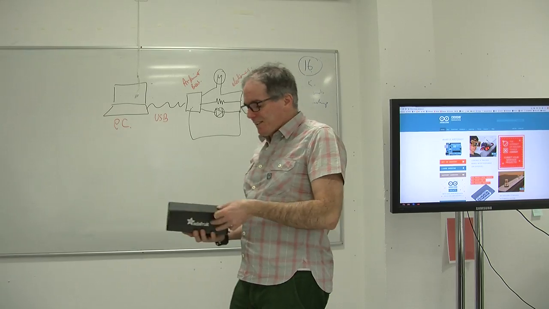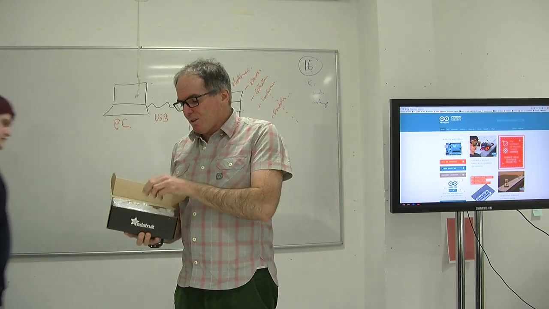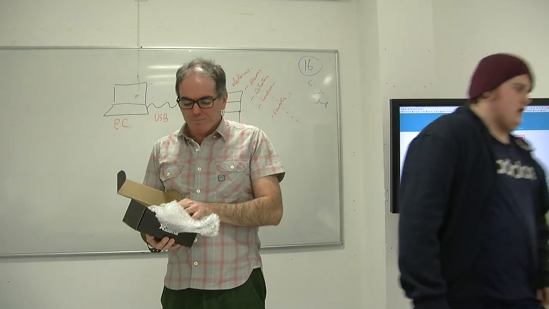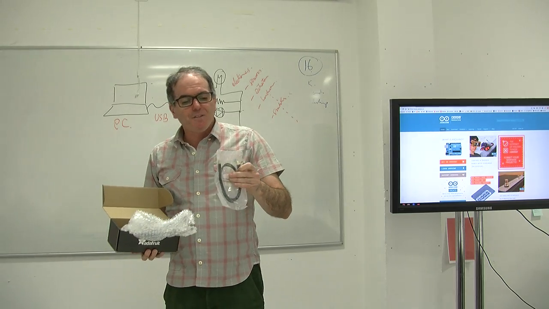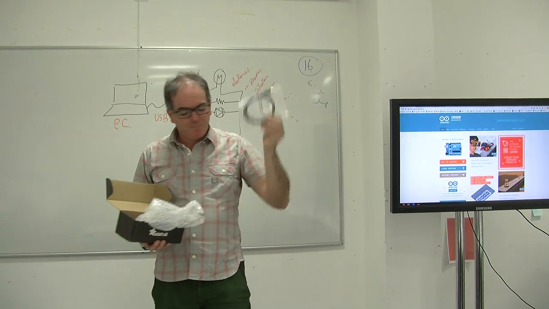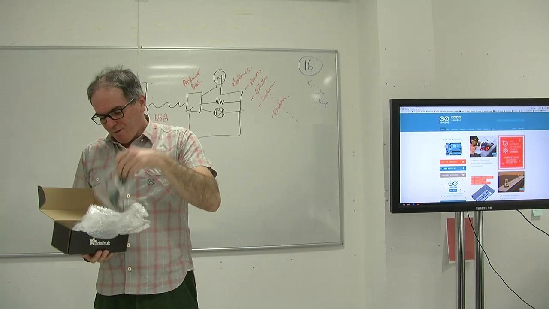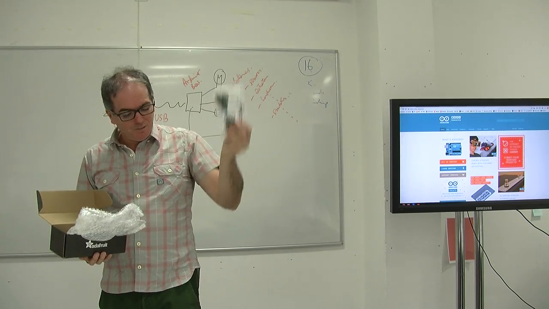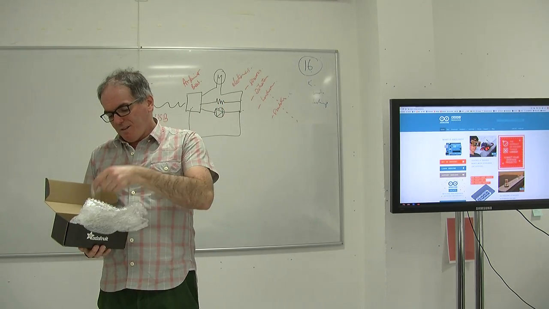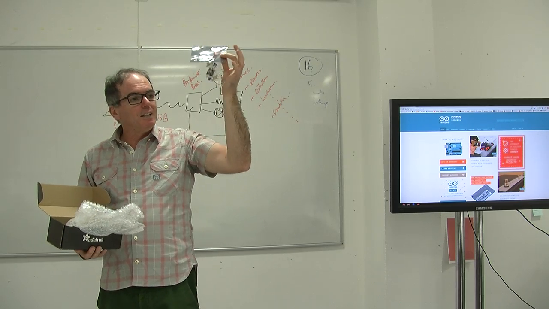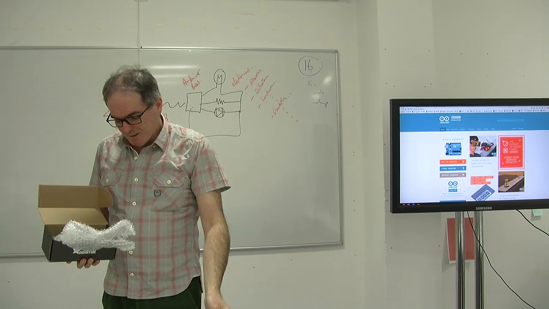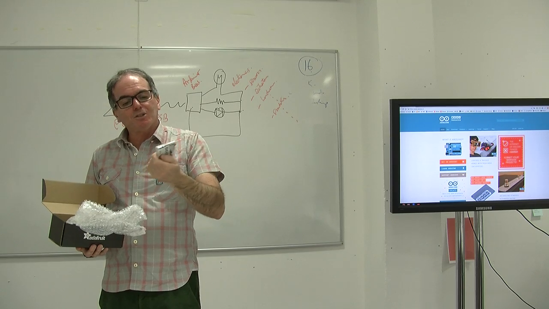Inside this box, you have all sorts of things. You have the USB cable. You have a lot of cables. You have all the things that I said, electronics. You have more electronics.